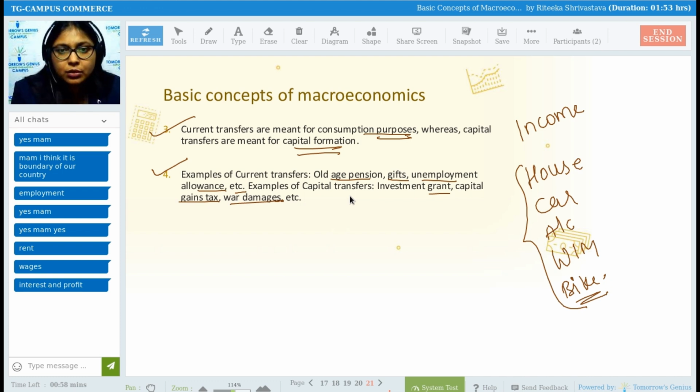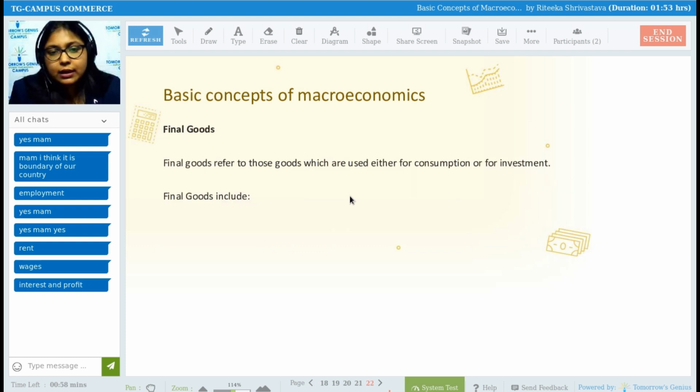From the government's end also, the government receives income and has savings. So if any natural calamity takes place in the country, like war or famine or drought, then the government will take out money from its savings and try to normalize the situation of the economy of the country. That is capital transfer.